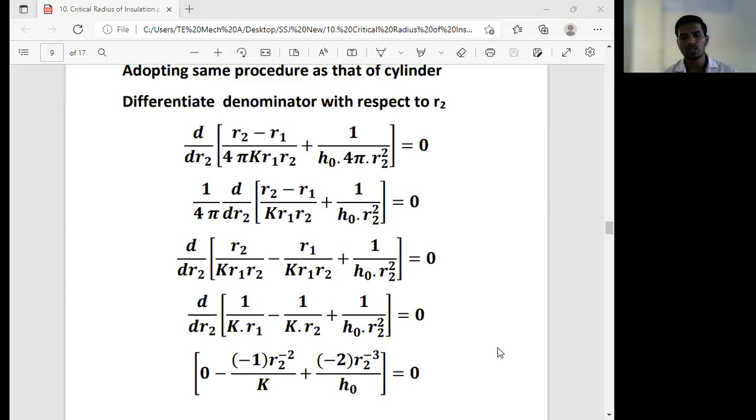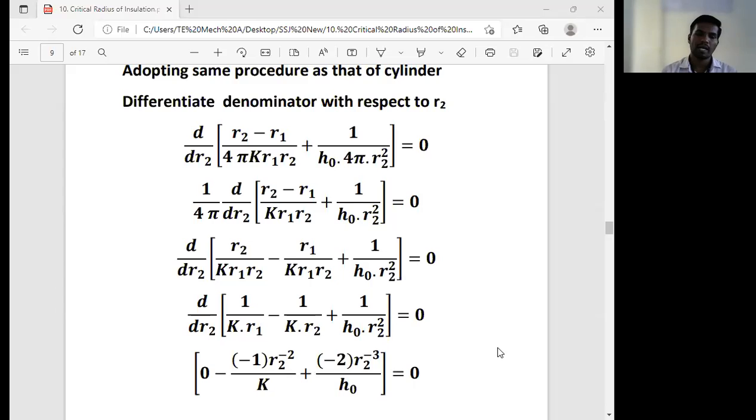Okay, so whatever the two terms are there, take the derivative with respect to R2. By taking the derivative we got these values: minus into bracket minus 1 R2 raised to minus 2 divided by K plus minus 2 into R2 raised to minus 3 divided by HO.